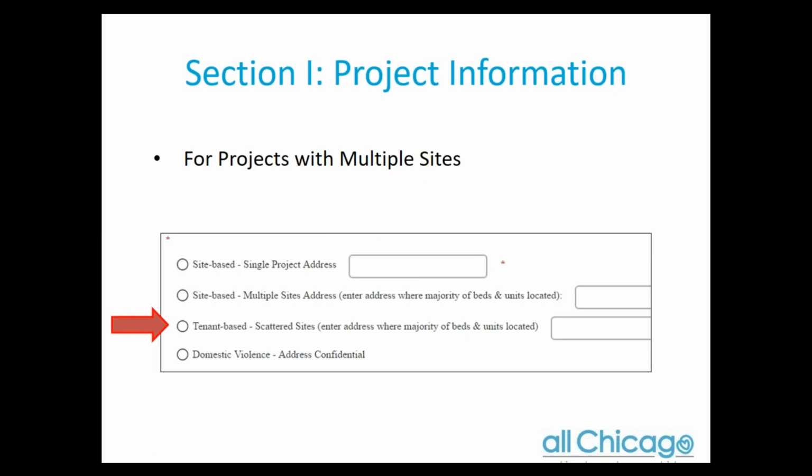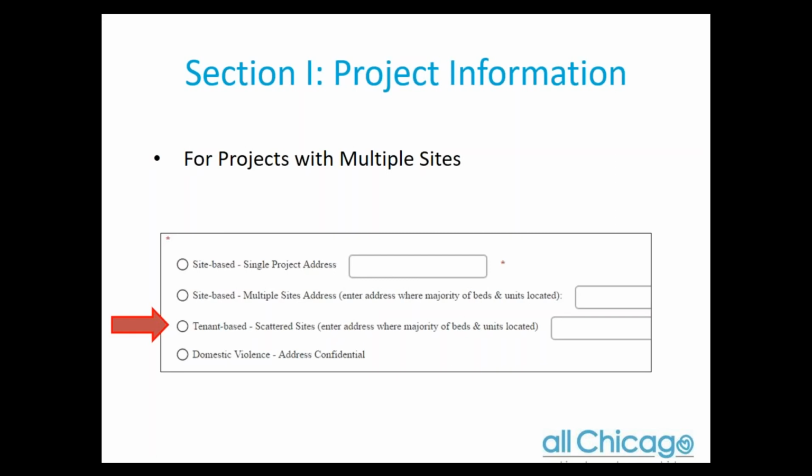So you'll have a list of zip codes, so just make sure that you are clicking. This is for our internal reference as well, to know where all our scattered sites are in the city of Chicago.